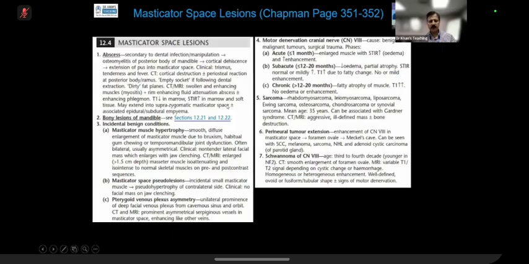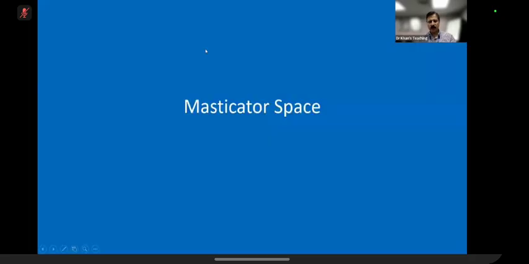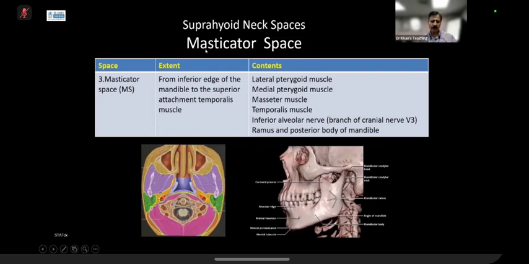And this is the differential diagnosis in masticator space. So please remember, masticator space, we have to revise it today because it is next to the other spaces which are our area of interest, and that is why we are going to cover it today and not leave it for the next time.